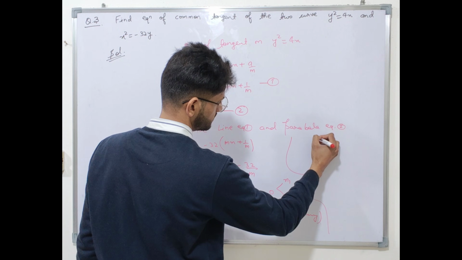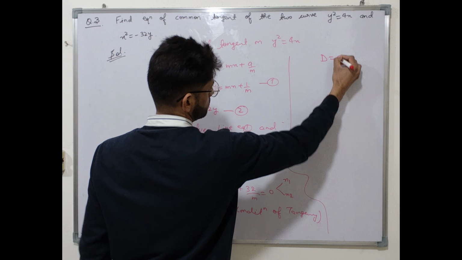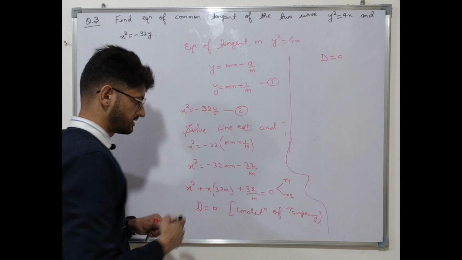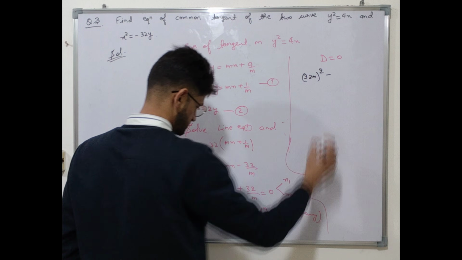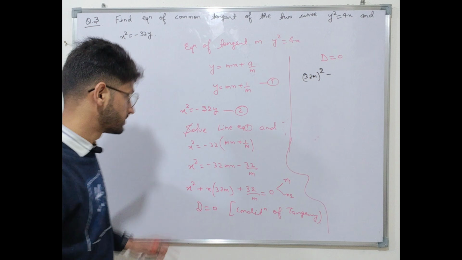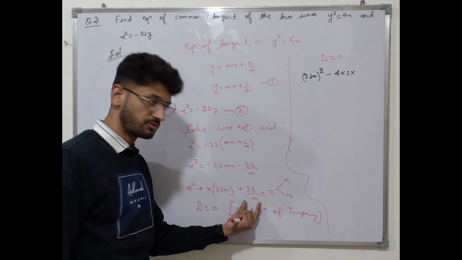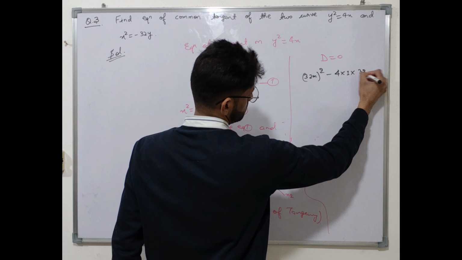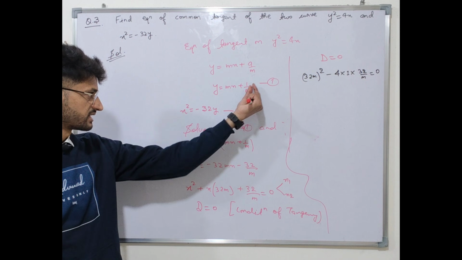So from here we can write D is equal to 0. In that case we can write 32m whole square minus 4ac, that is b square minus 4 into 1 into c. The value of c is 32 upon m, and this will be equal to 0 because we have been given that the line is a tangent.